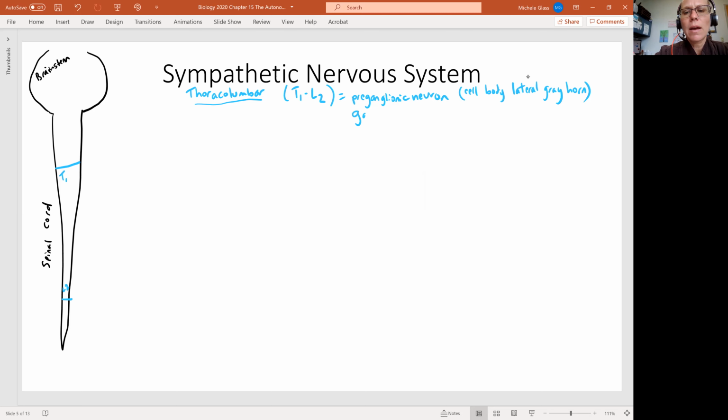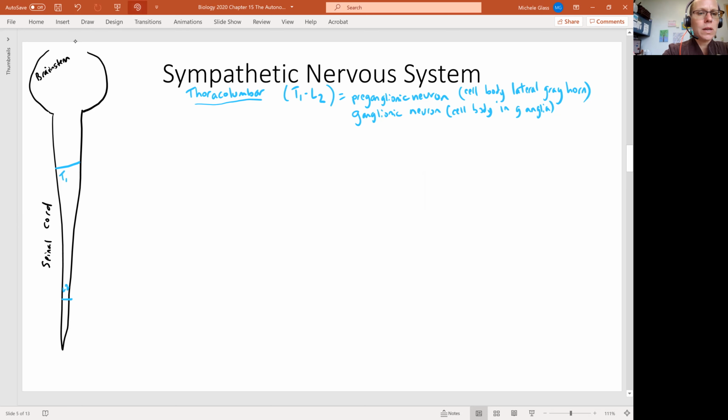And then we're going to have a ganglionic neuron, which is going to have its cell body actually in the ganglion. Ganglia is the plural form, so I'm going to go ahead and make that be plural. The ganglionic neuron can sometimes be referred to as the postganglionic neuron, so you might see that as well.